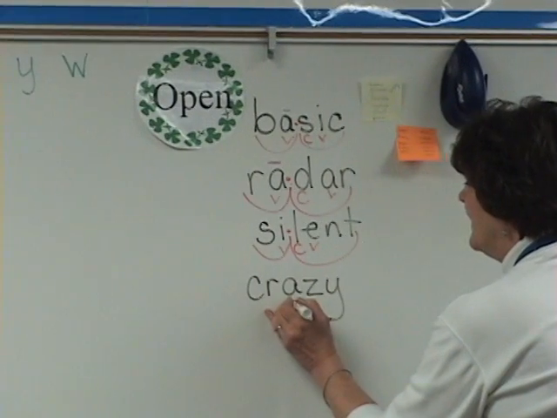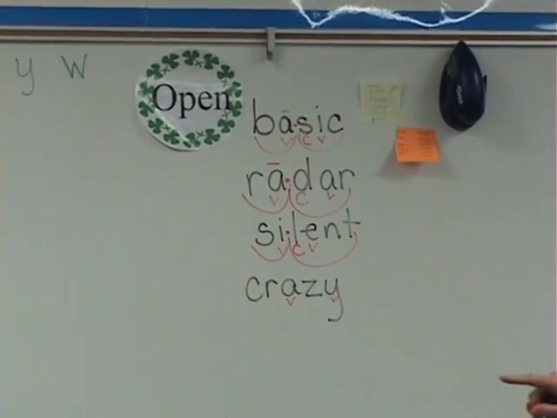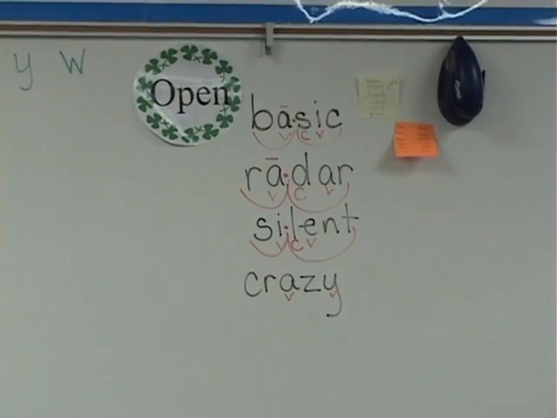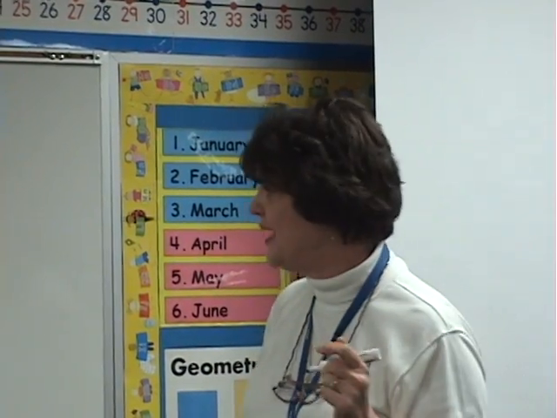What are my two vowels in this word? Ooh, am I going to trick you? What are my two vowels, Matthew? A and Y. How can Y be a vowel? Because it's not at the beginning of the word. At the beginning of the word, it's a consonant. After the beginning of the word, it's a vowel. Okay?